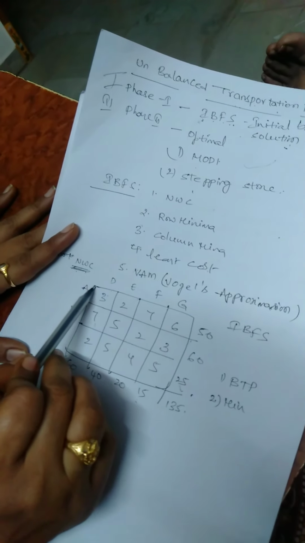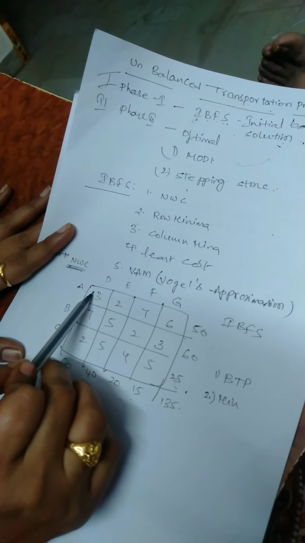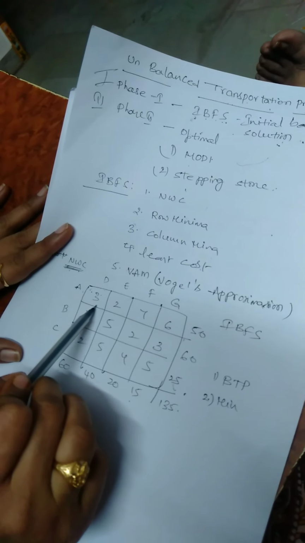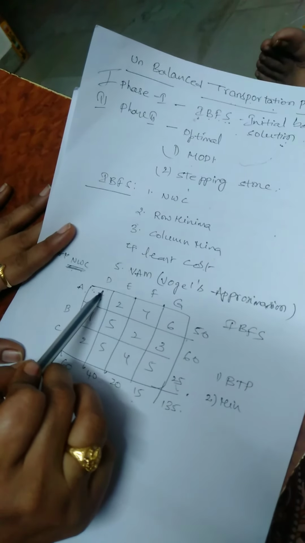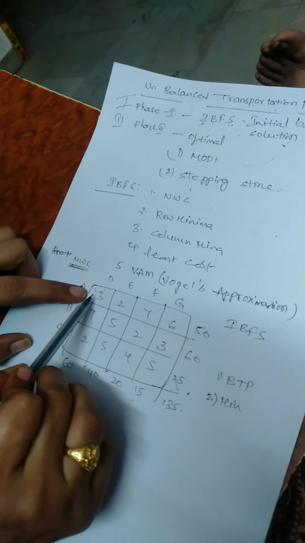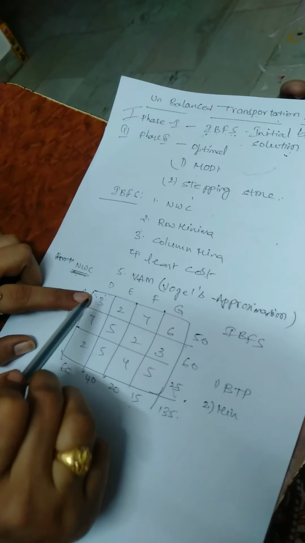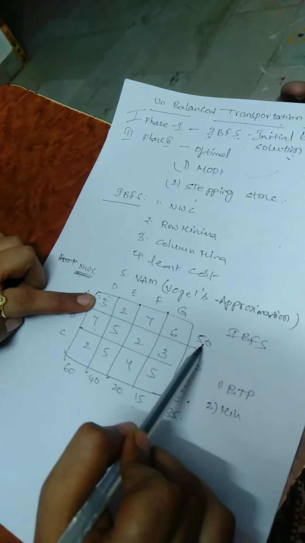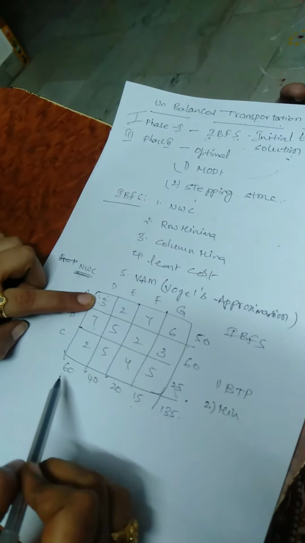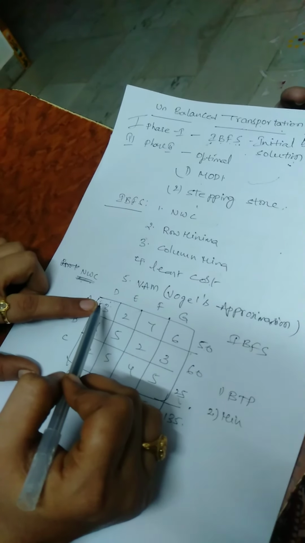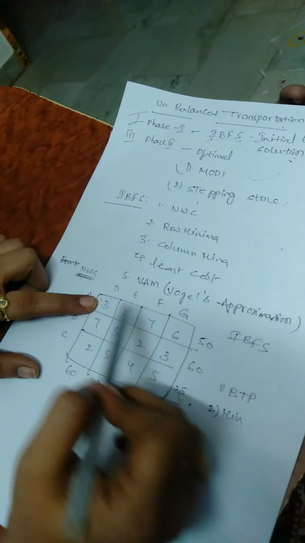While using this technique, we have to consider the northwest corner, and this cell 1 is the northwest corner. So let us start the allocation with this cell. Here the supply is 20 and the demand is 40. We have to make allocation in such a way that whichever is lesser.